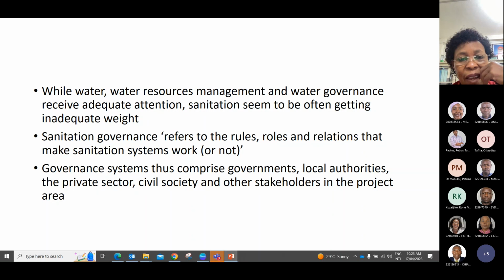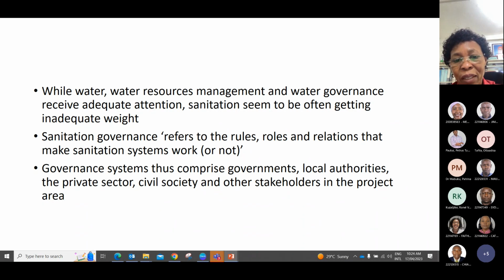weight. And you as practitioners, in your pursuit of PhDs in your different areas and countries, are probably aware that sanitation receives inadequate weight as opposed to water.